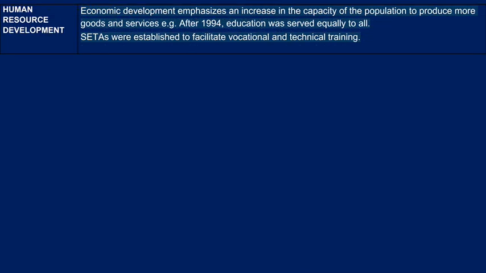With regards to human resource development, economic development emphasizes an increase in the capacity of the population to produce more goods and services. For example, after 1994, education was served equally to all. SETAs were established, and SETA is short for Sector Education Training Authority, to facilitate vocational and technical training.